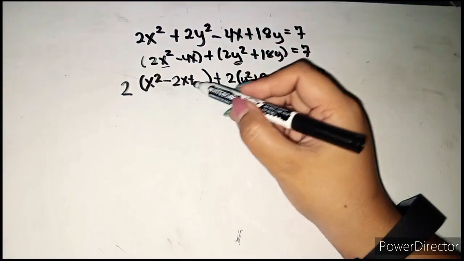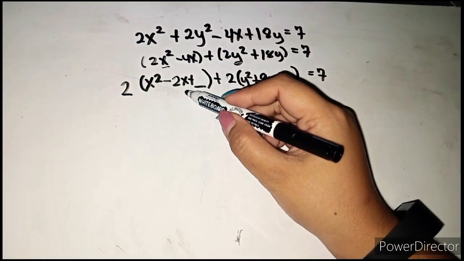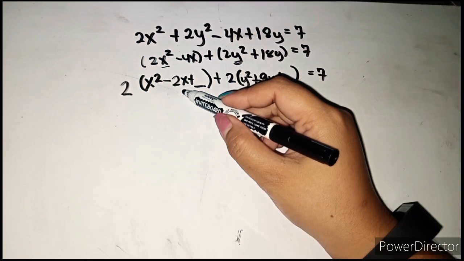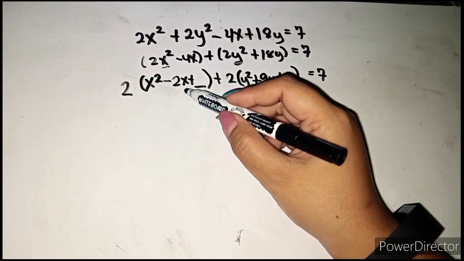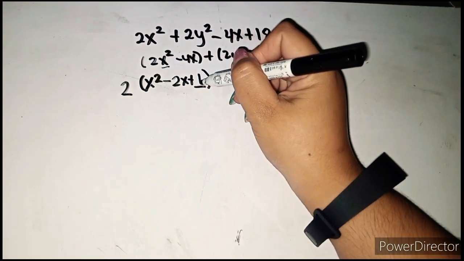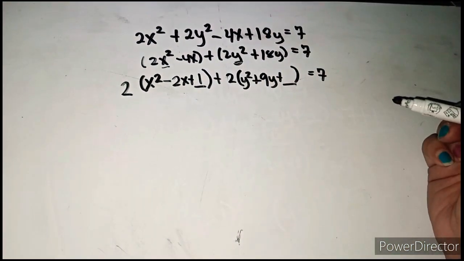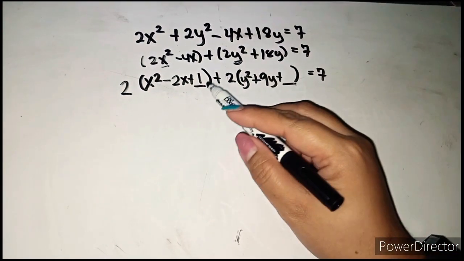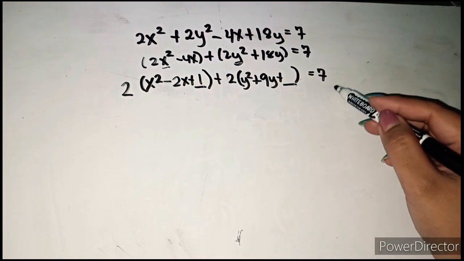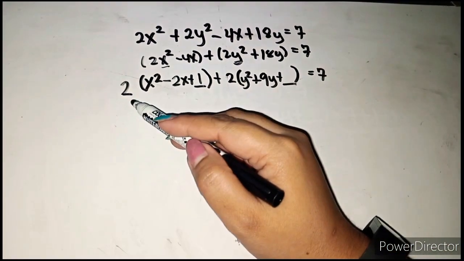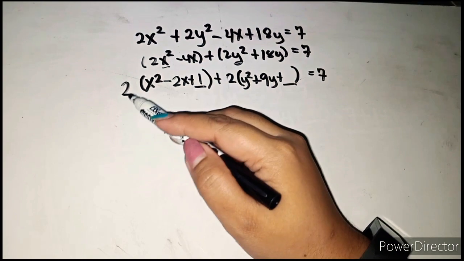Balikan po natin or puntahan natin middle term. Divided by 2. Okay, so 2 divided by 2 is equal to 1. Then 1 squared is equal to 1. Okay? So now, itong 1 po na ito, hindi pa po ito yung ating pwedeng i-add dito sa labas. Bakit? Kasi meron pa tayong number na finactor out, which is yung 2.